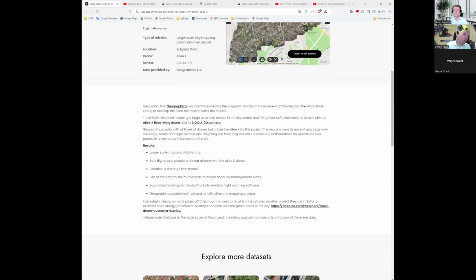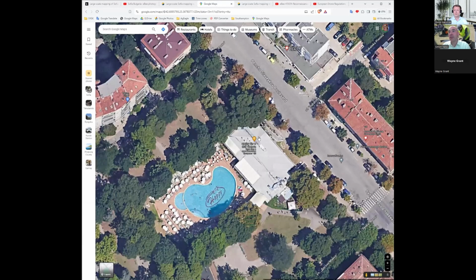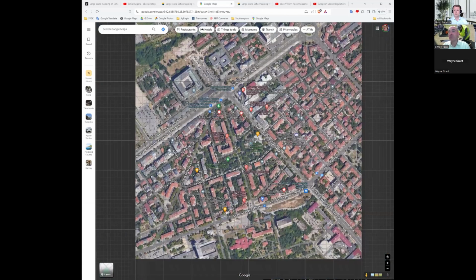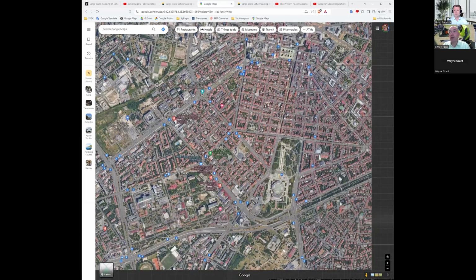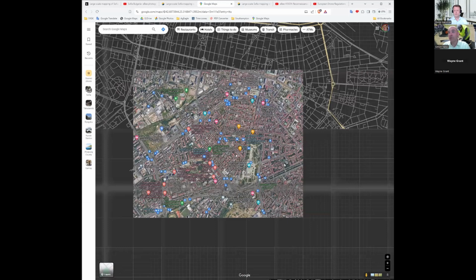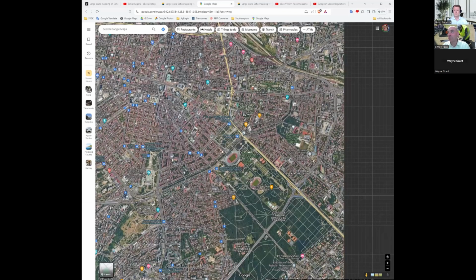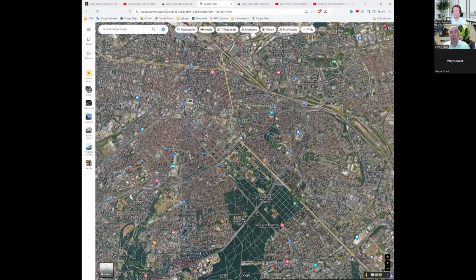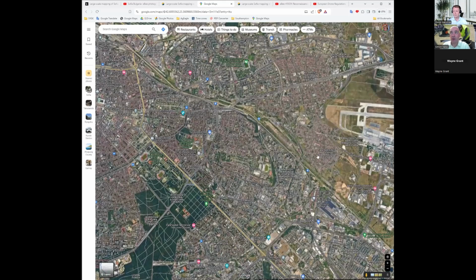Well, not necessarily. Obviously we can go through some of the difficulties they had. If you go back to the Google Maps, you can see that in this case, Sofia Airport is very close by. We were scanning in this area over here as well.